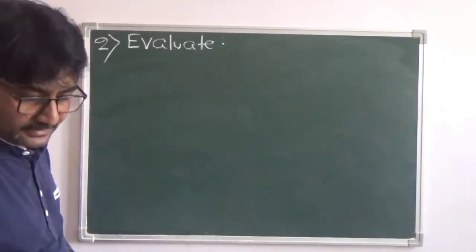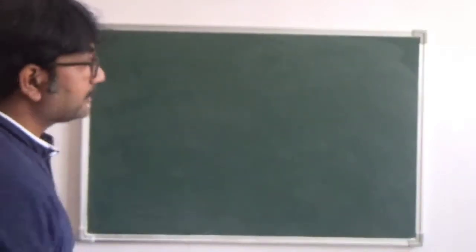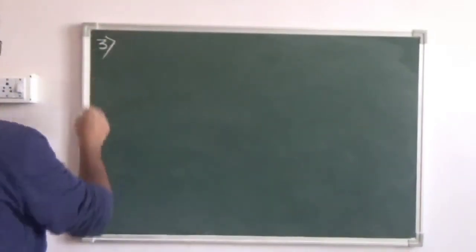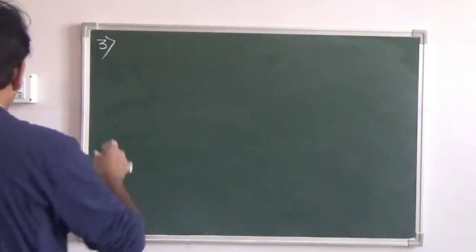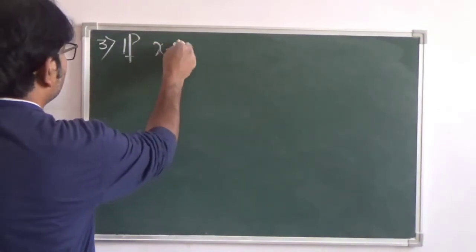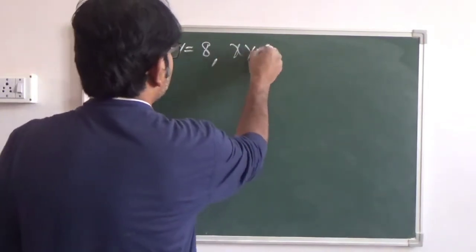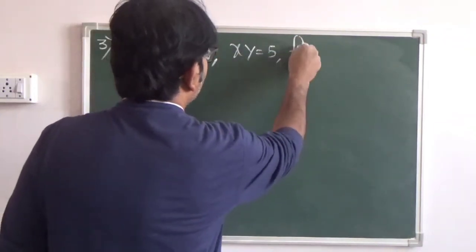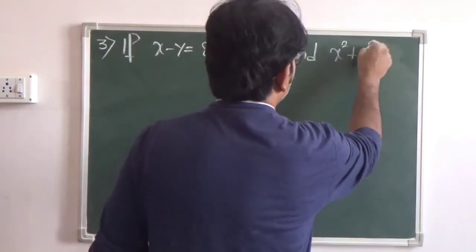So now let us move to question number 3. Be careful in using the identities that you've already discussed. If x minus y equals 8 and xy equals 5, then find the value of x² + y².